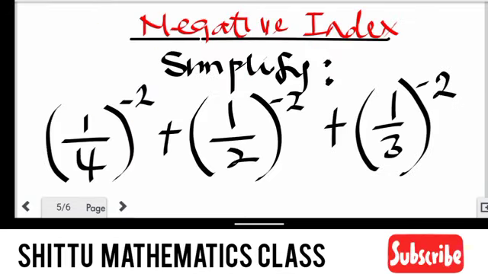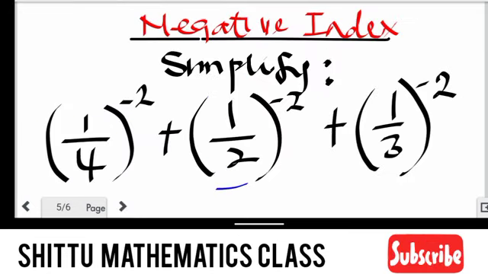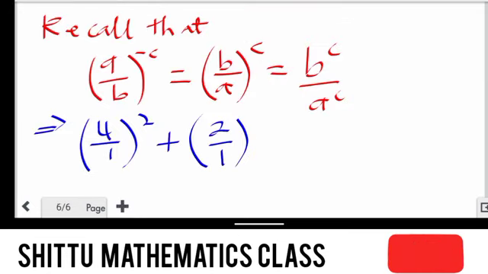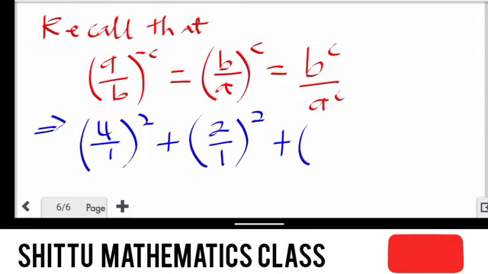Then the second one also: plus 2 divided by 1, raised to power 2, then plus the third term, which is 3 over 1, raised to power 2.